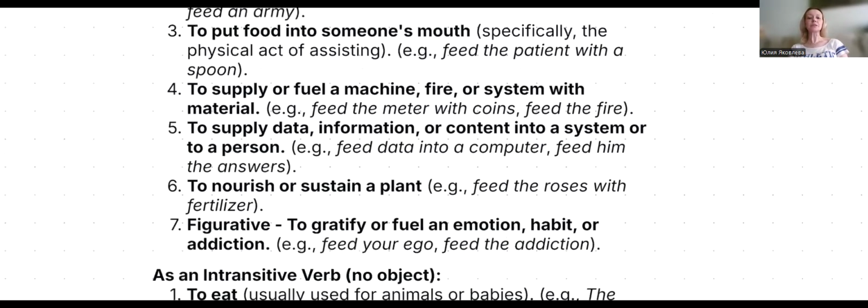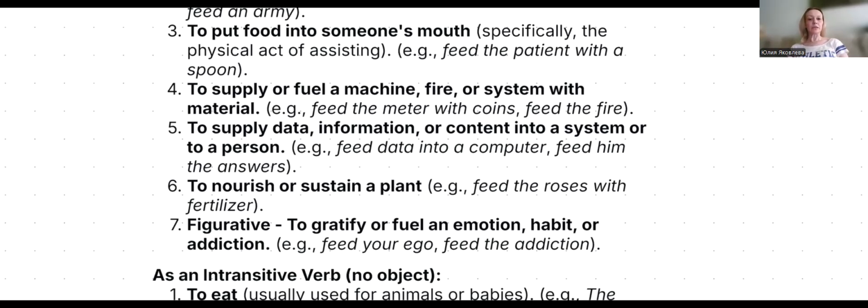As it says here, feed the meter with coins, feed the fire. So you give coins to the meter, which helps to perform payments for parking, for example, or feed the fire, add some more wood to the fire so it continues.